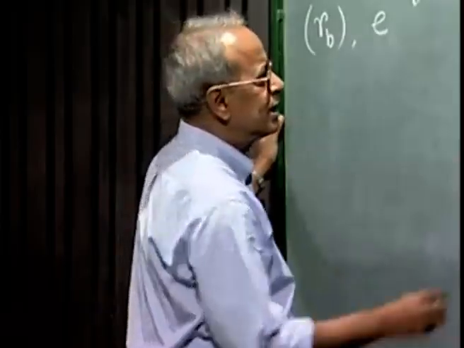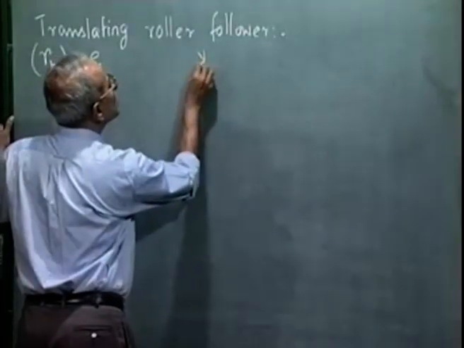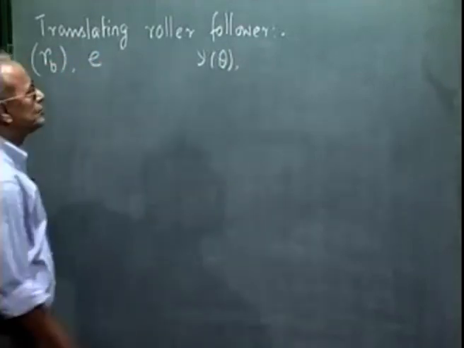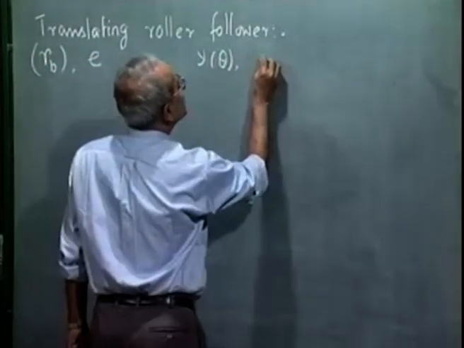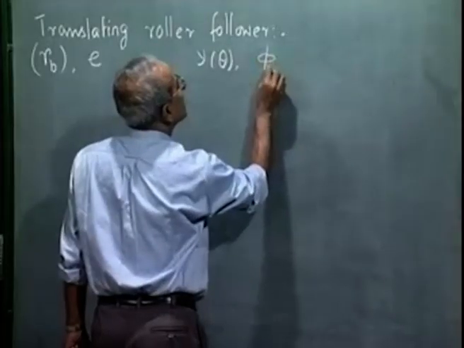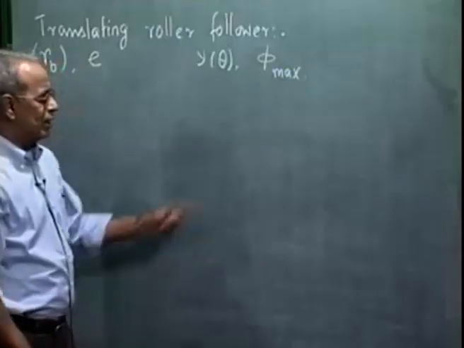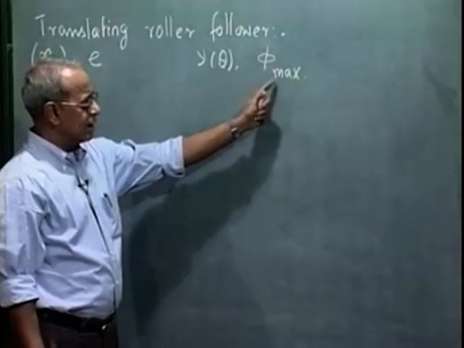What are given to us is the desired motion of the follower y theta and the maximum value of the pressure angle which can be allowed. The maximum possible value of phi, that is the pressure angle which is allowed.